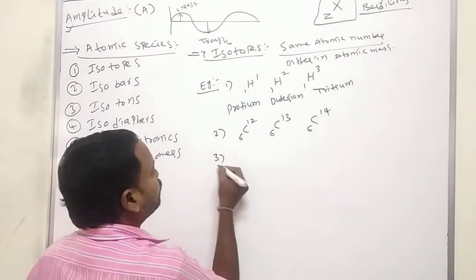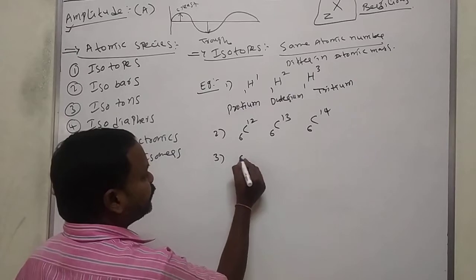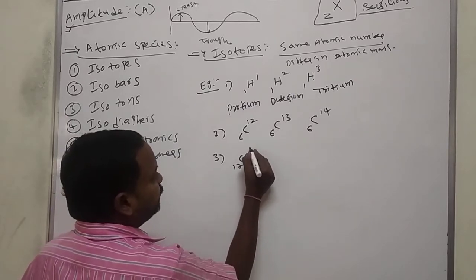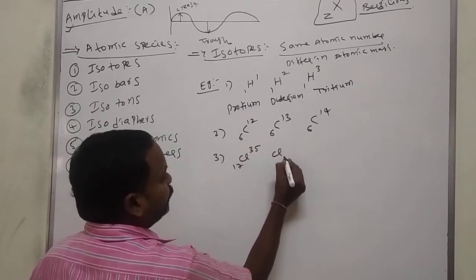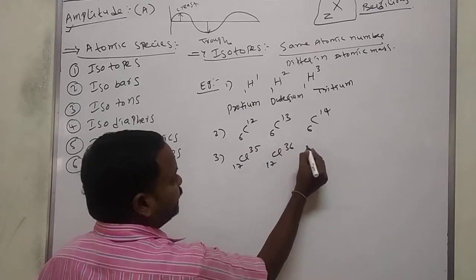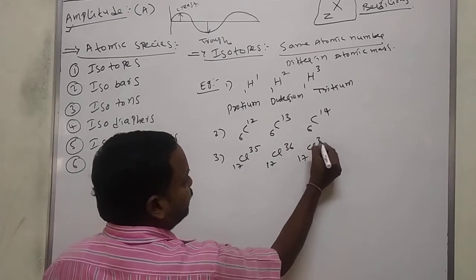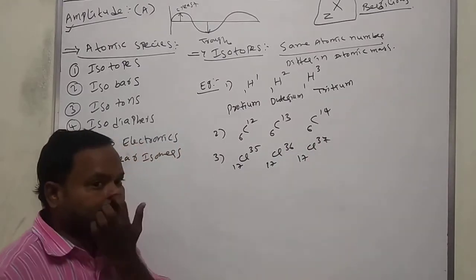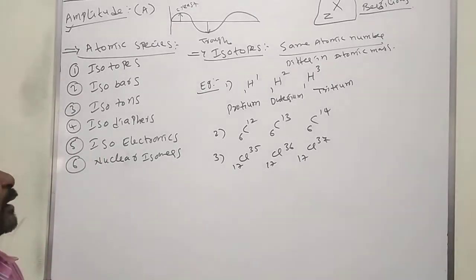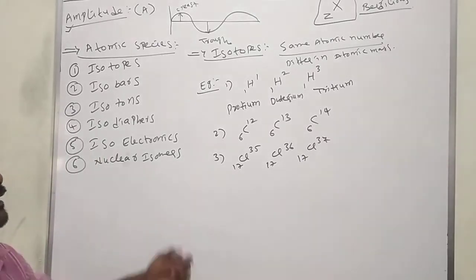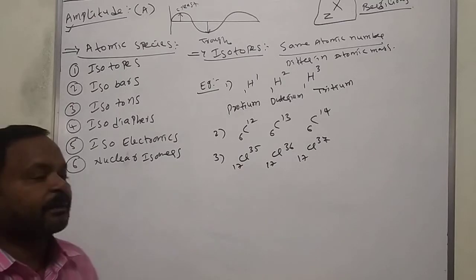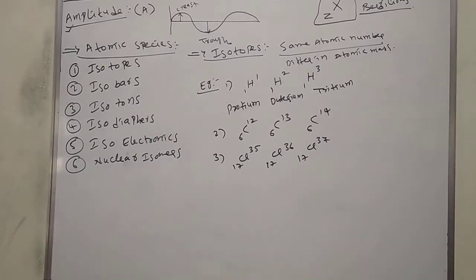Next, in continuation, chlorine 17-35, chlorine 17-36, chlorine 17-37. These are also isotopes. What are isotopes? The atomic species which have the same atomic number but different atomic mass we call isotopes.